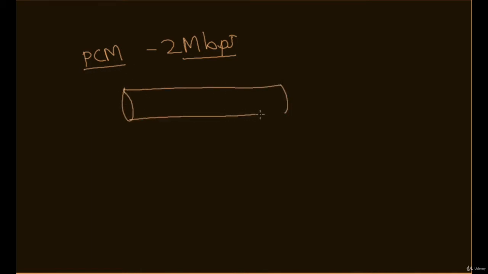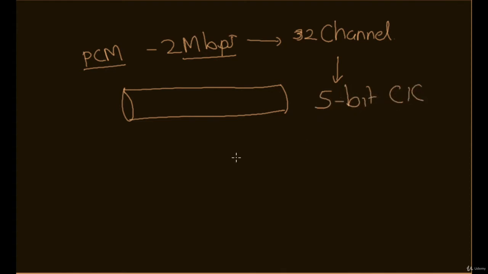We all know each PCM link is a 2 Mbps line, and each link has 32 channels. So each channel can be represented by just 5 bits of CIC. So CIC has how many bits? 12 bits.